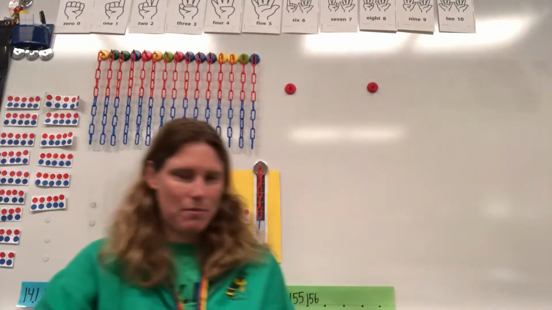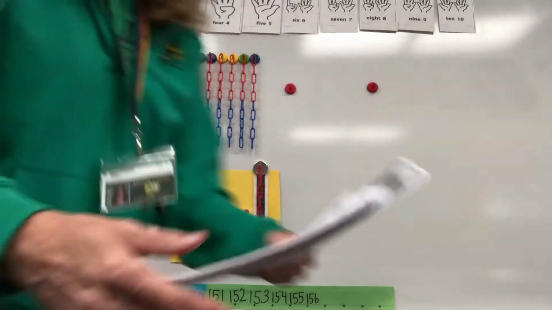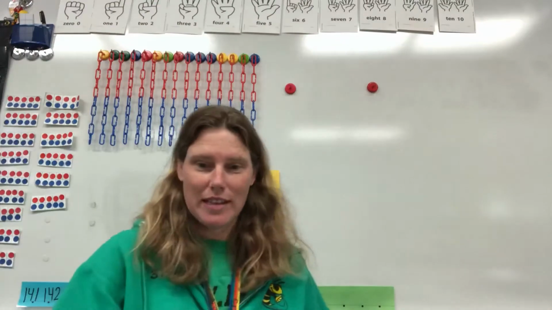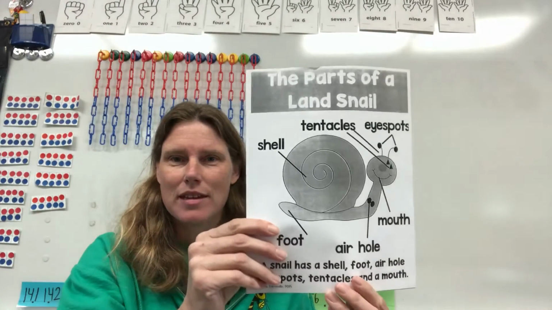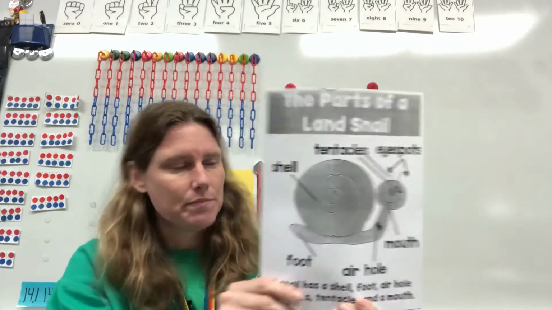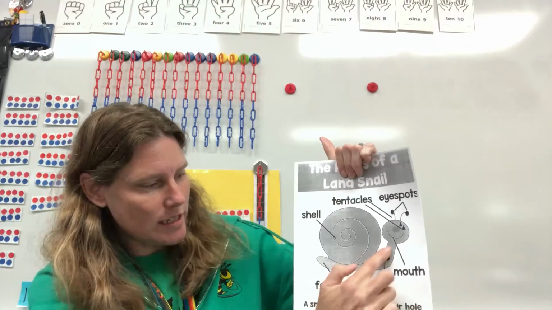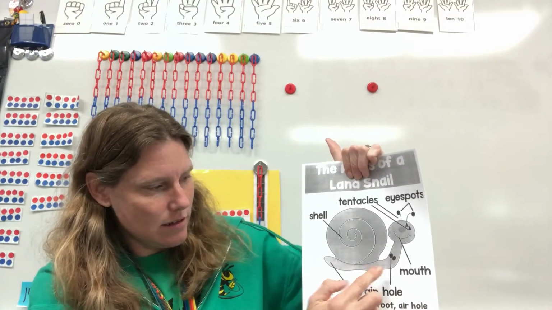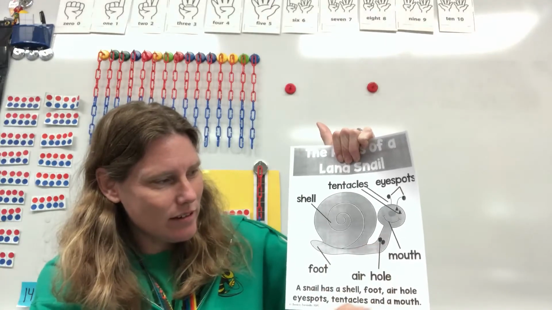Let me get my papers on land snails. All right, and the parts of a land snail. Let's look. Some of these were in our book. Parts of a land snail. There's the shell, the foot. They have an air hole right there.